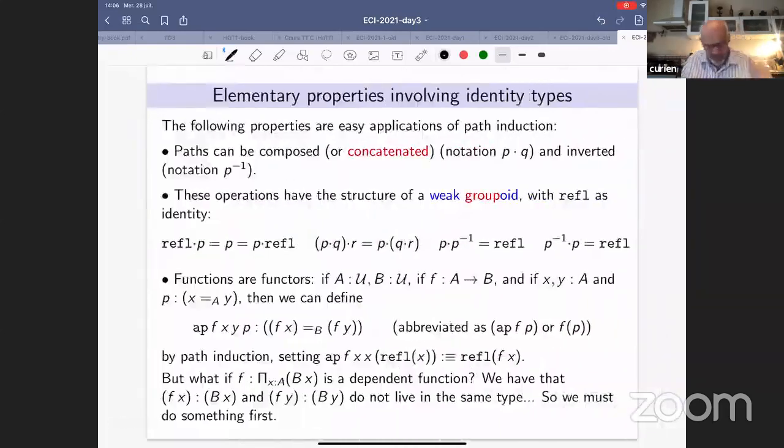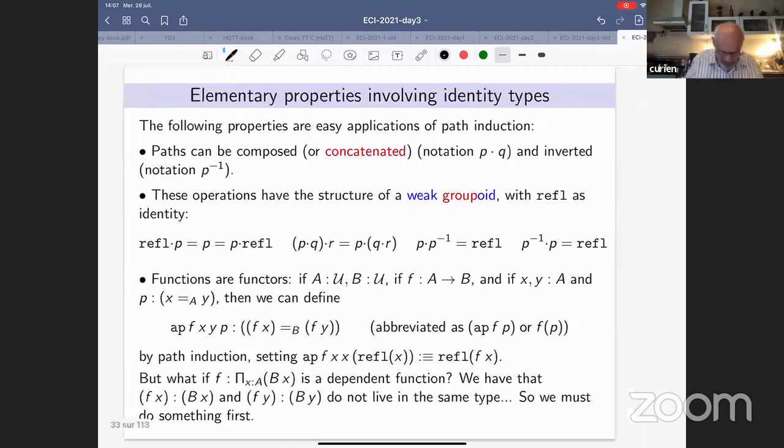We studied in more depth the use of path induction to show how to concatenate paths, to show how to turn functions into functors, to turn dependent functions into something like dependent functors, even if this notion is not a categorical notion.